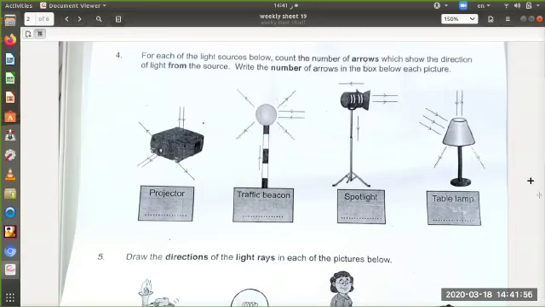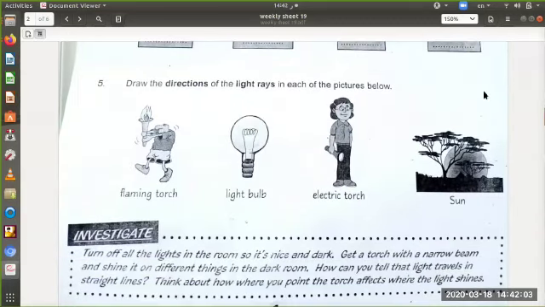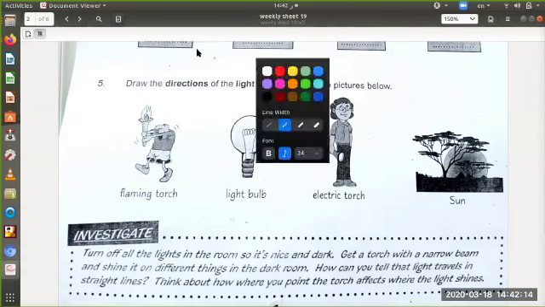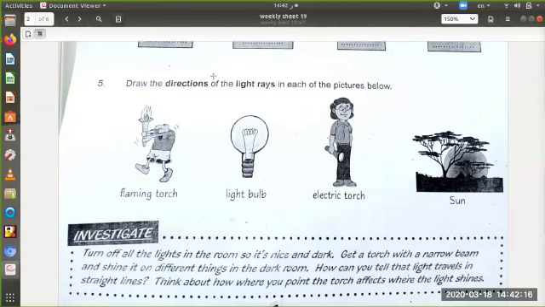For the next question, draw the directions of light rays in each of the pictures below. Flaming torch. The light travels in straight lines, so it will be like this.